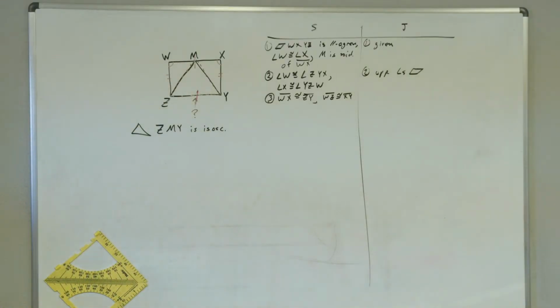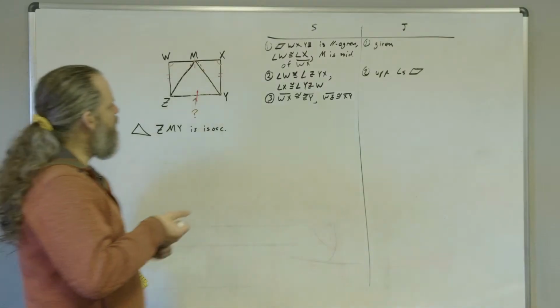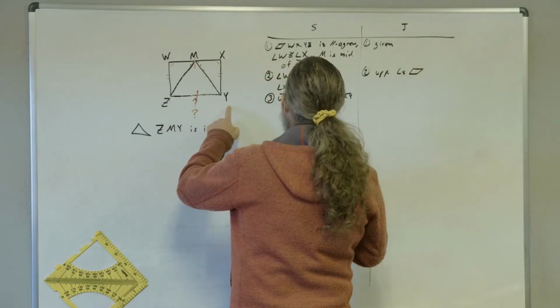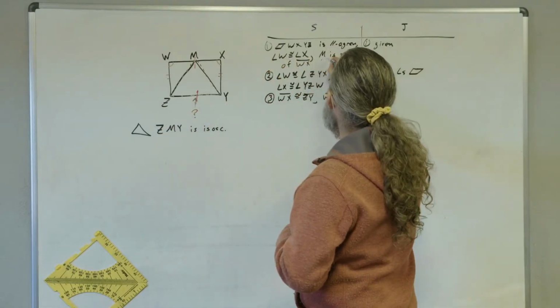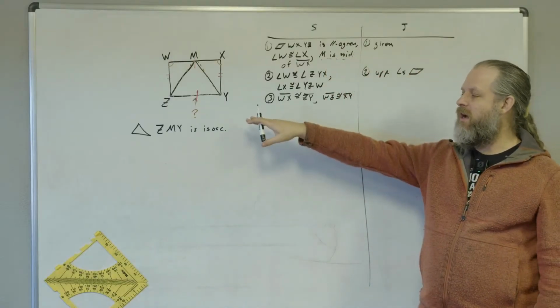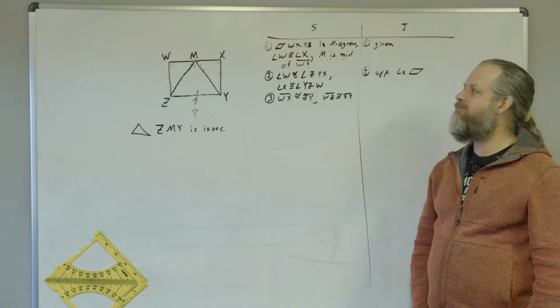If it's the midpoint, what's true about the segments that it is the midpoint of? They're congruent. So which two are congruent? Not Z to Y. So we're talking about using the midpoint bit, right? That bit. So ZY isn't involved in that.